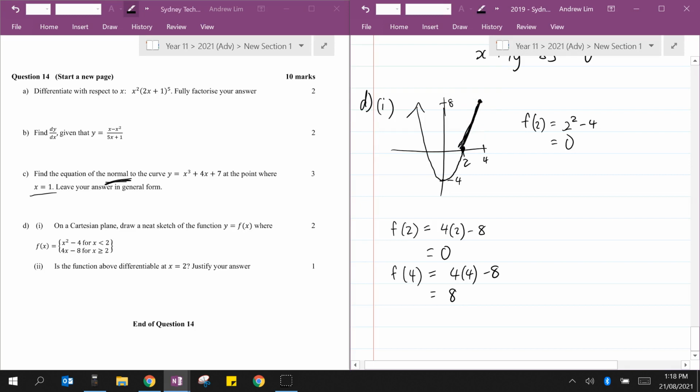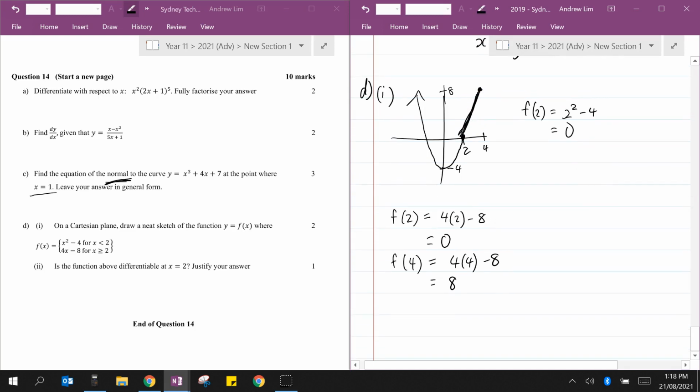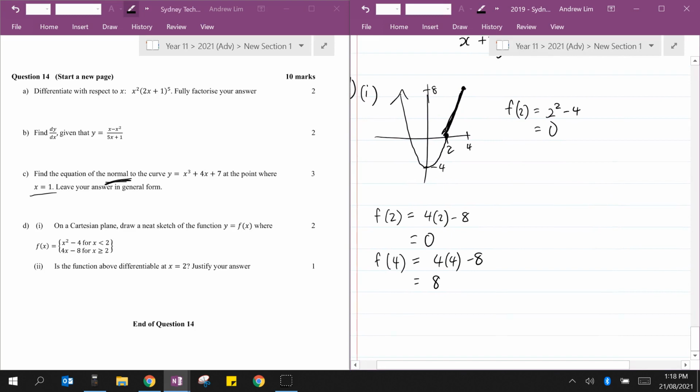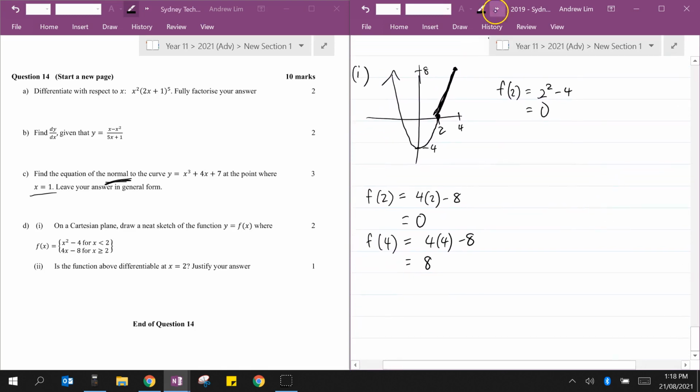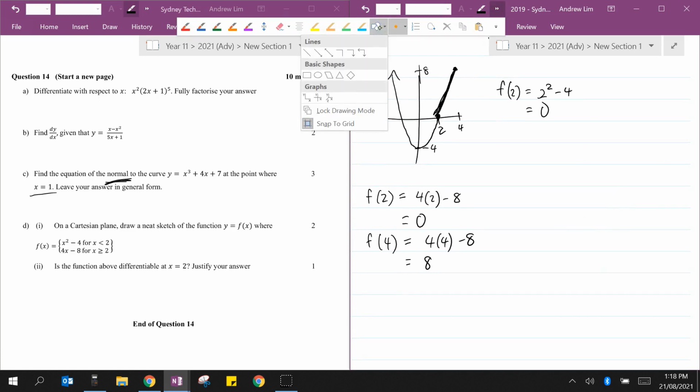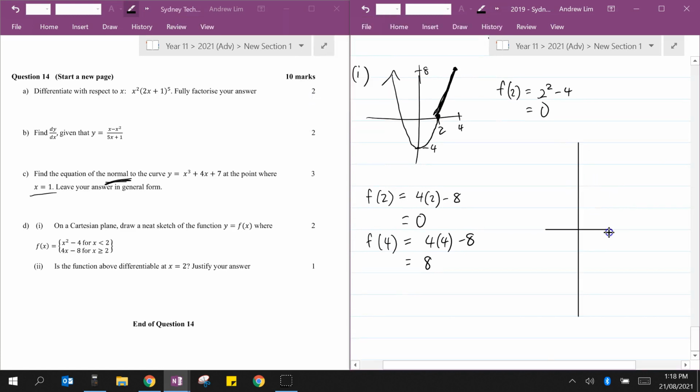Alright, so let me see if I can make this neater. Okay, so let's say that's minus 2, minus 4.